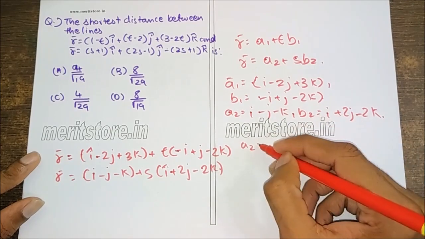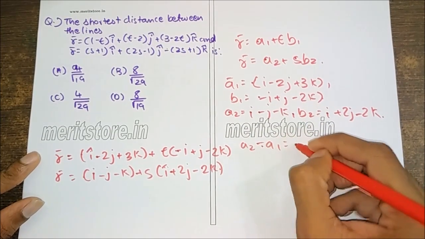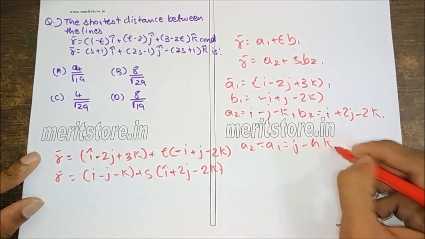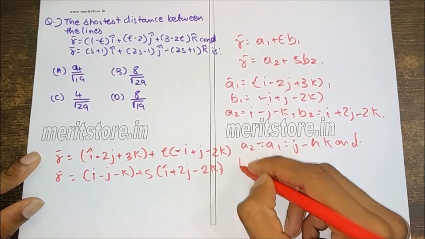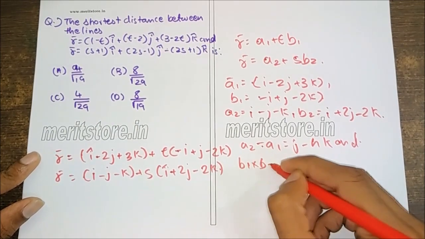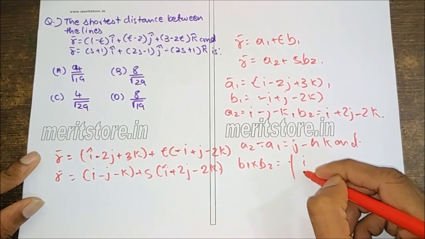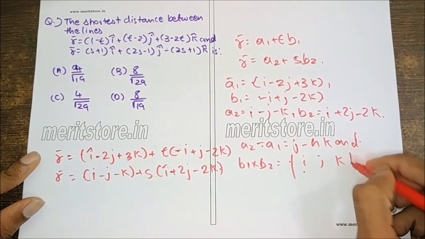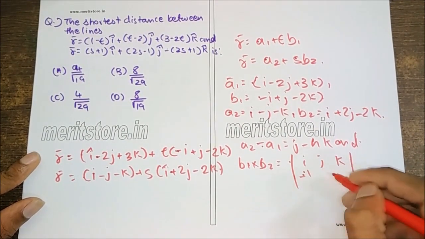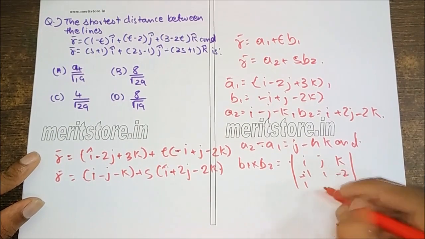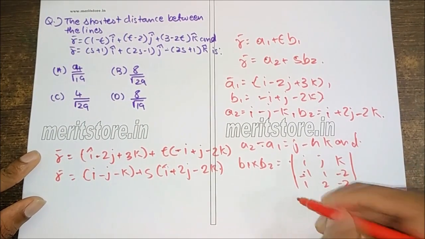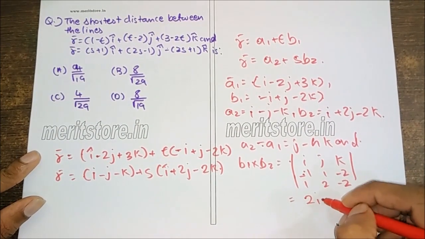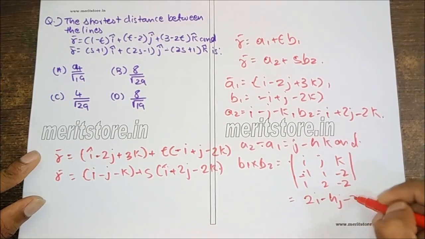We solve a2 minus a1, we get j minus 4k. And we see for b1 cross b2, which is equal to the determinant of i, j, k, minus 1, 1, minus 2, 1, 2, minus 2, we get 2i minus 4j minus 3k.